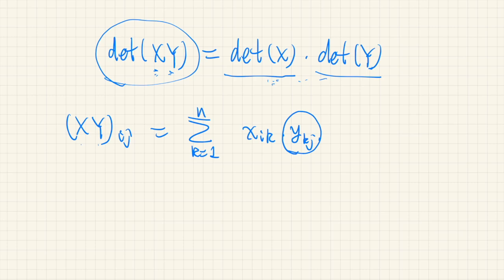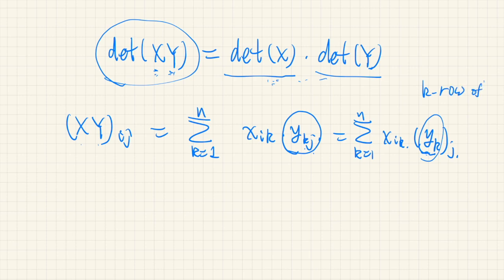Look at this one: this is the element of matrix y at the kth row and jth column. So this can also be written as x_ik times the kth row vector of matrix y, and its jth component. So this one is the kth row of y.